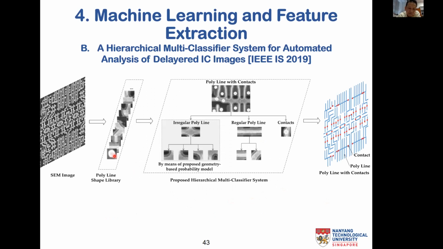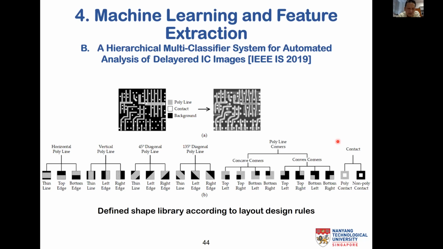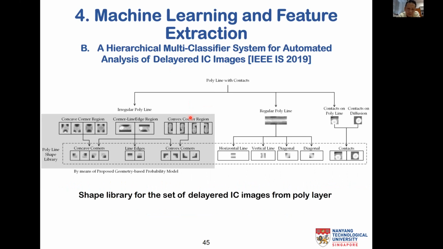We have a different shape library, and we use the proposed multi-classifier to scan through. We created these different shapes based on layout design rules. With this library, we scan through the images to identify and locate the polyline, contact, and background. So this is the hierarchical base.